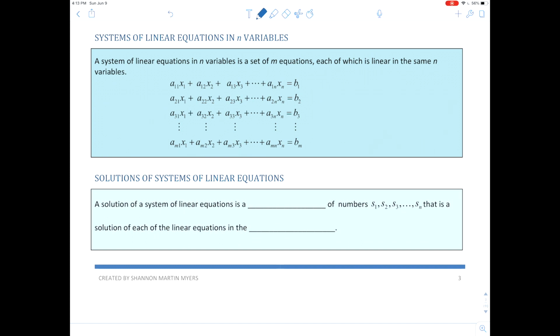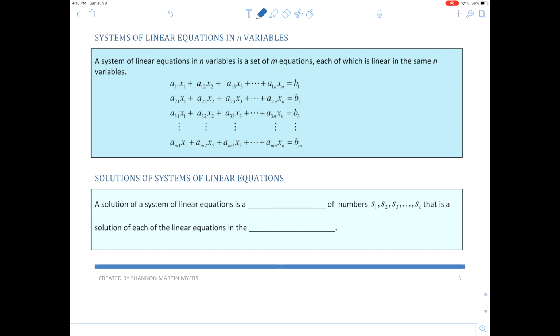So here, basically, what you're going to have is m rows, where each row is an equation, and n columns, where each column represents a specific variable, x1, x2, x3, etc. Cool?